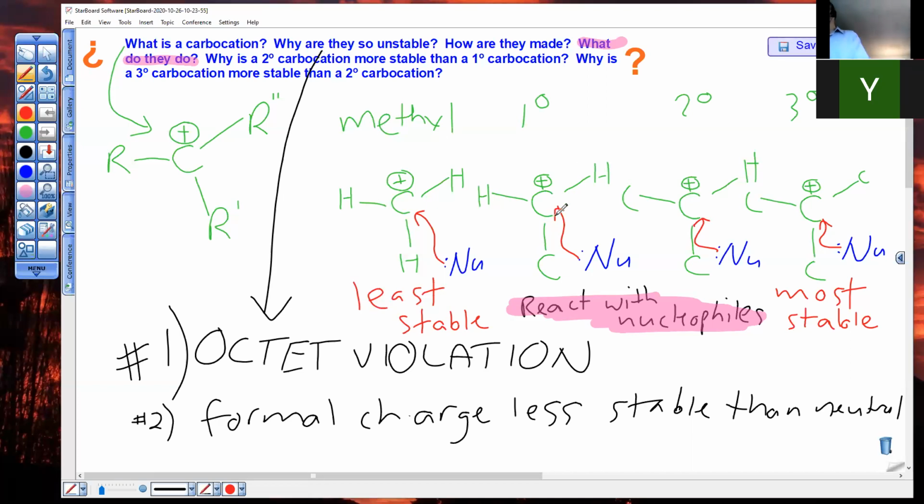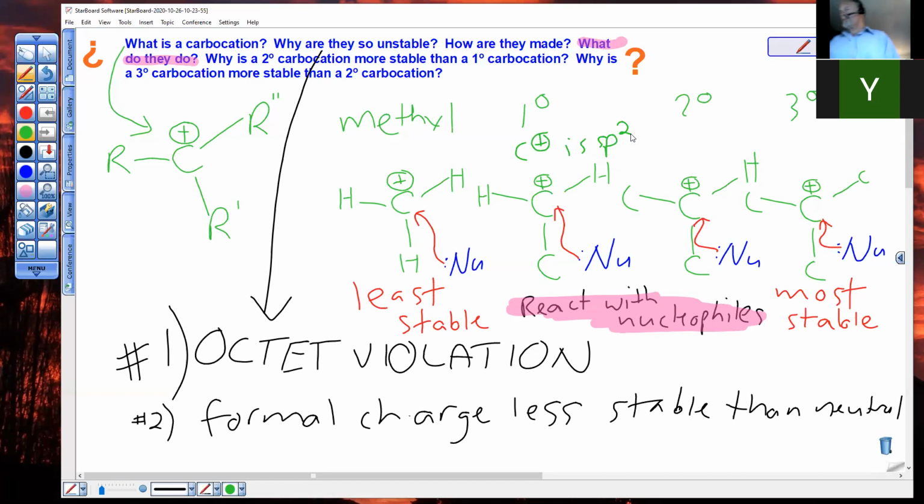I hope you've noticed that all of these are sp2. C plus is sp2. How did we do that? Same way we did it on our first test. For sp2, we have 3 sigma bonds and 0 lone pairs. Count those things up, you got 3. sp2 hybrids are used to make the sigma bonds.